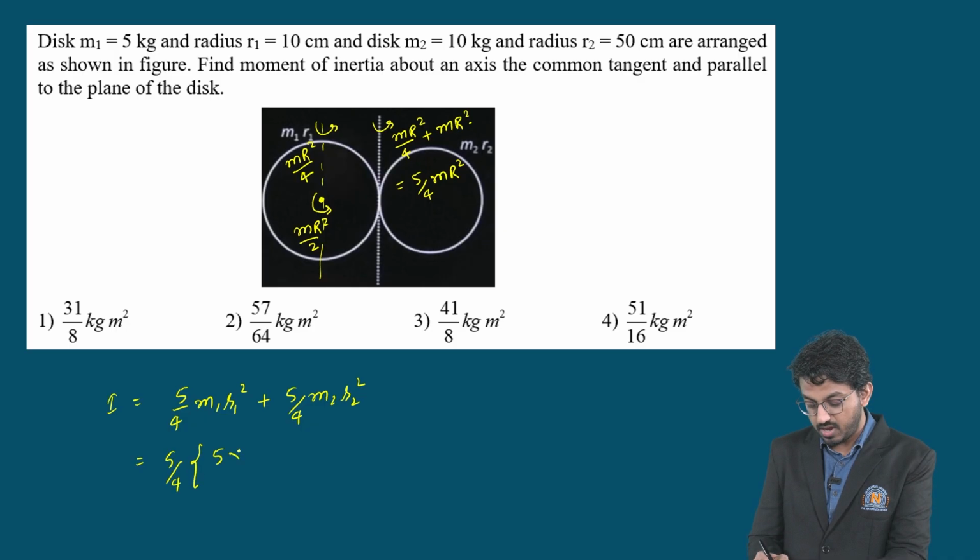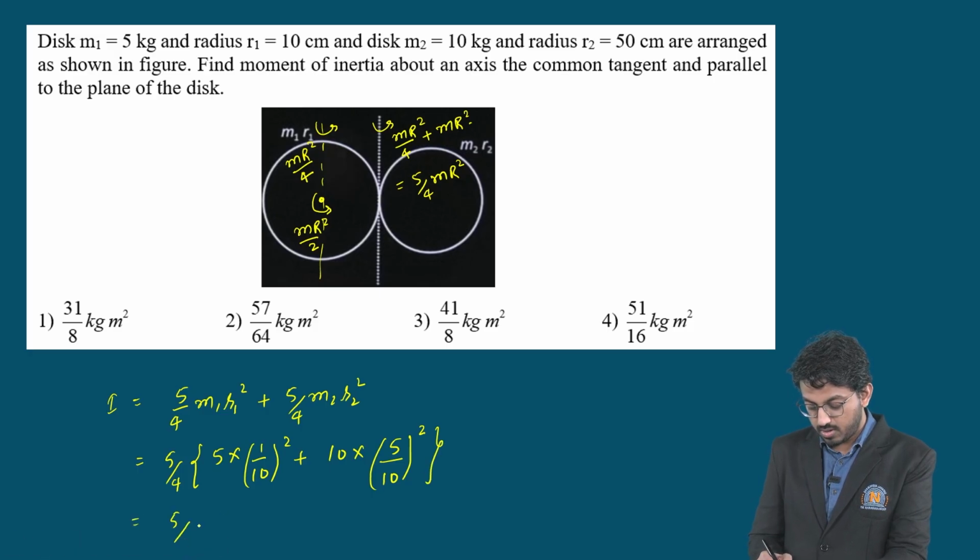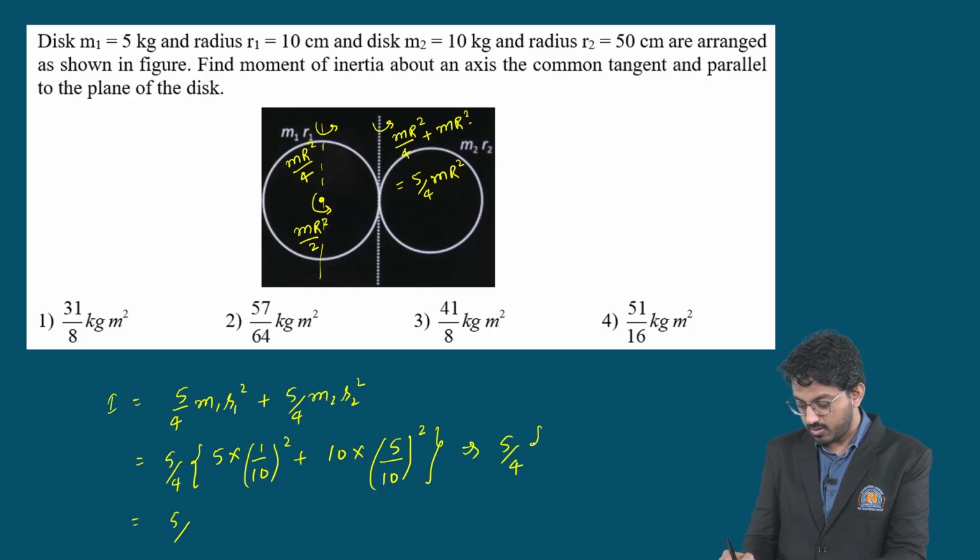M1 is given to be 5, R1 is given to be 10 centimeter, so we can put it as 1 over 10 meter squared, plus M2 is given to be 10 kg multiplied by 50 centimeter, which we can put as 5 by 10 meter square. Solving it further, we get 5 by 4, 5 over 100 plus 250 over 100.